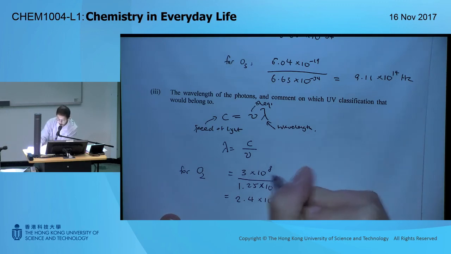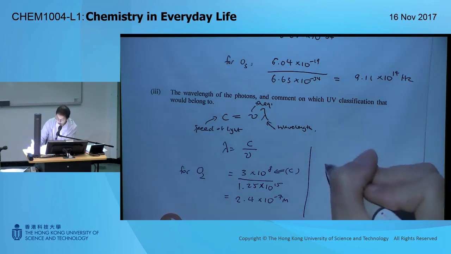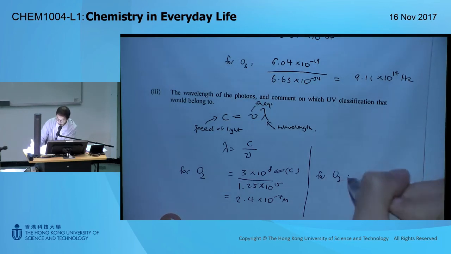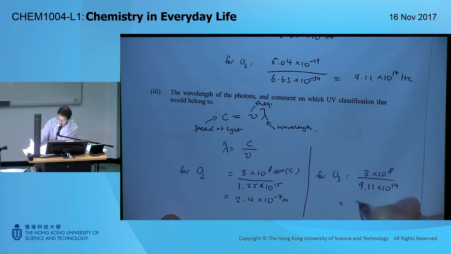This is the speed of light. And then for O3, we have 3 times 10 to the 8, the speed of light, divided by the frequency we worked out from above. So this gives us 3.29 times 10 to the minus 7 meters.